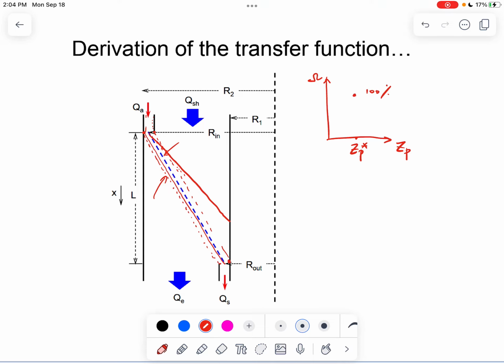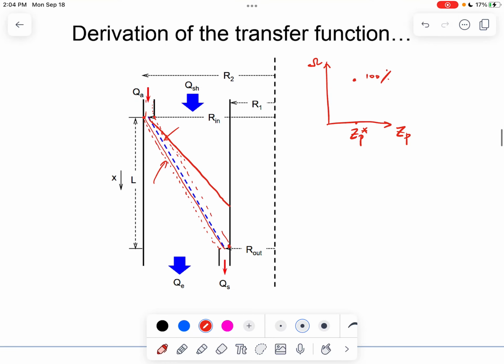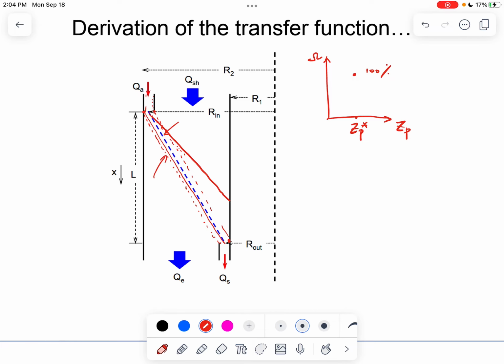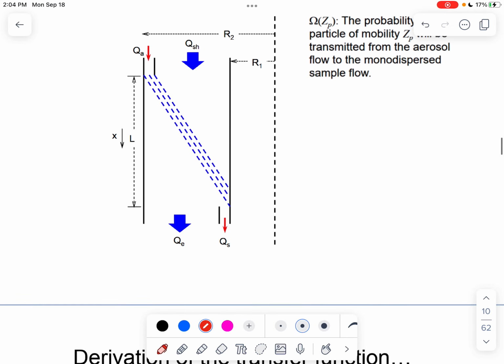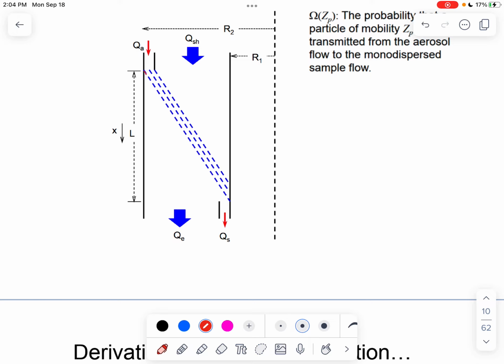The extreme condition that's corresponding to the particle classification is going to be particles following this line here, right? So this is kind of like the extreme condition that particle with the smallest, so basically this is going to be the smallest mobility, the largest electrical mobility of a particle that can be classified, right?